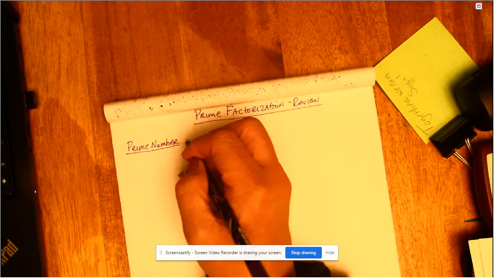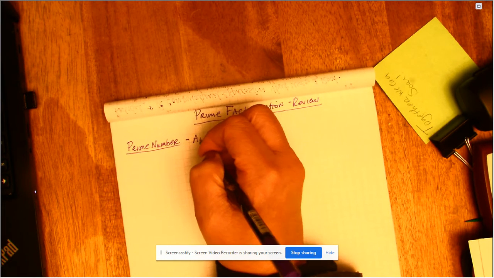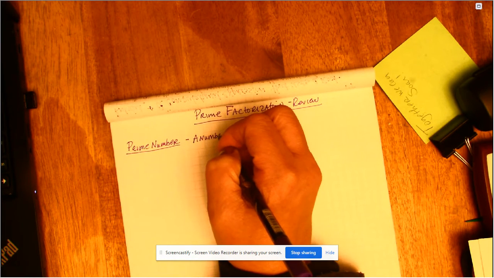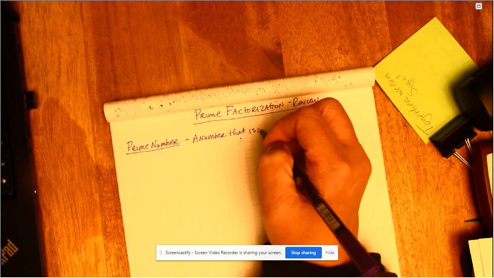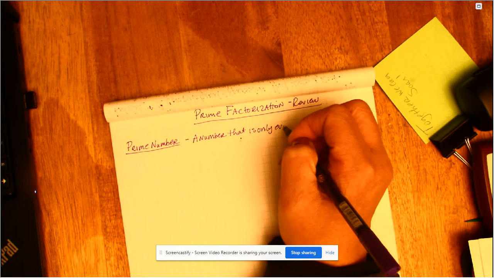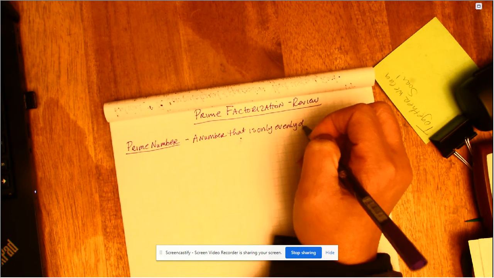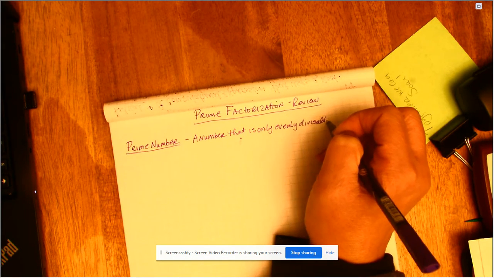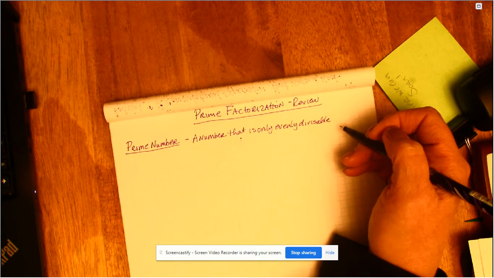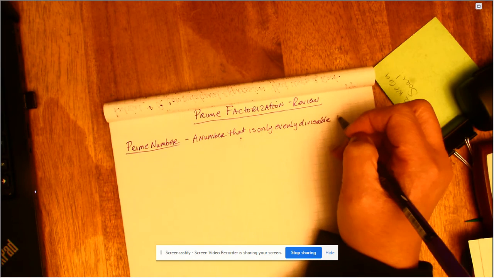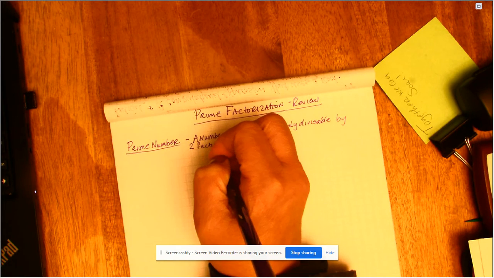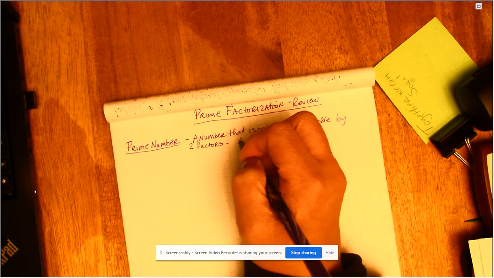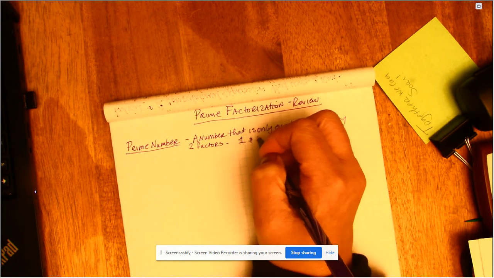In this case, a prime number is a number that is only evenly divisible, and what we mean by evenly divisible is that when you divide by this number, you have no remainder, by two factors, and the factors are going to be 1 and the number.